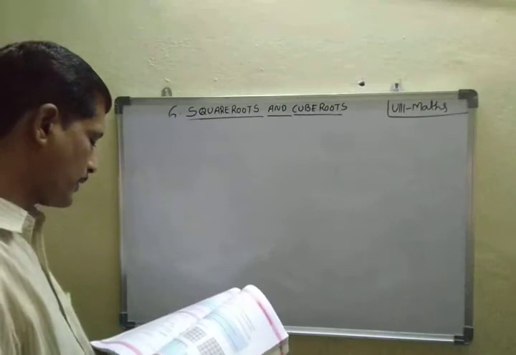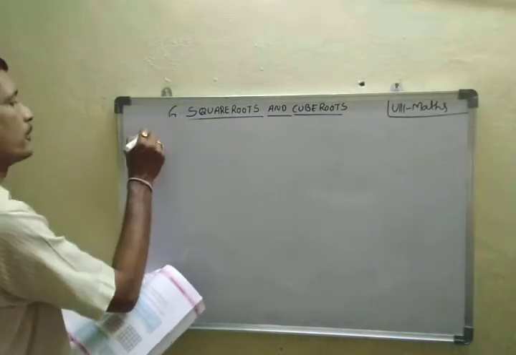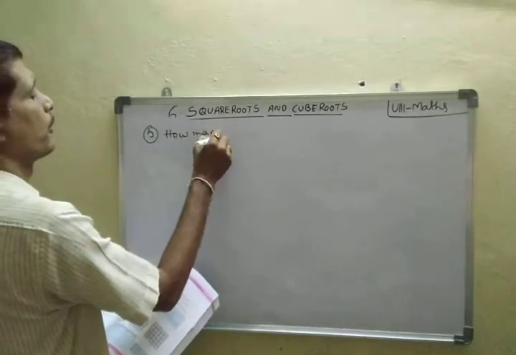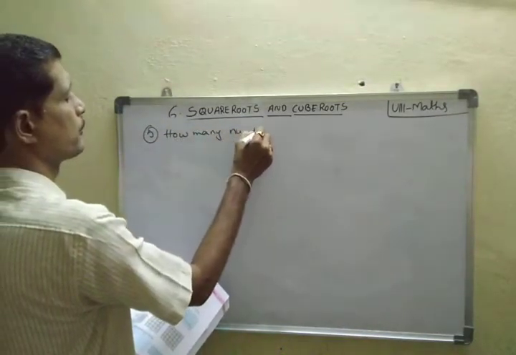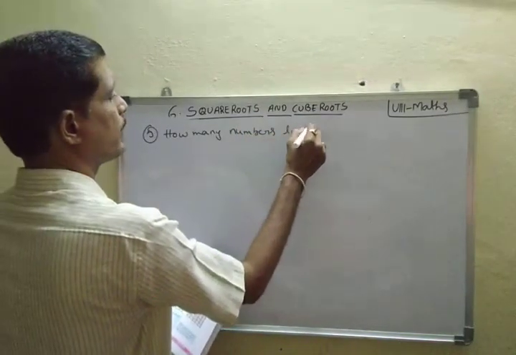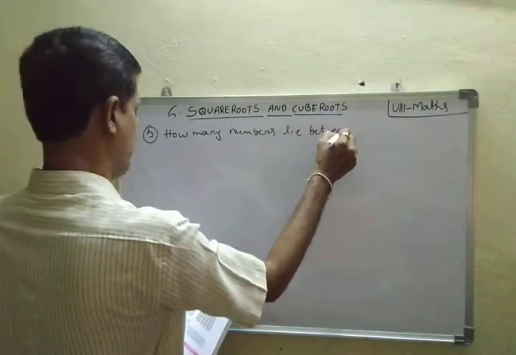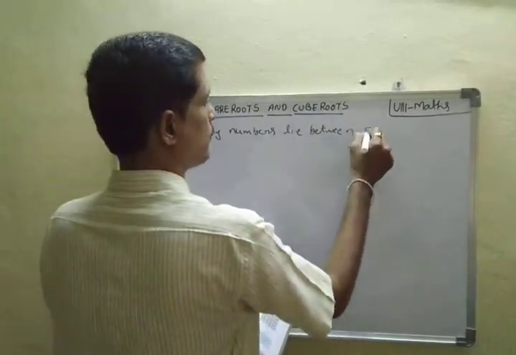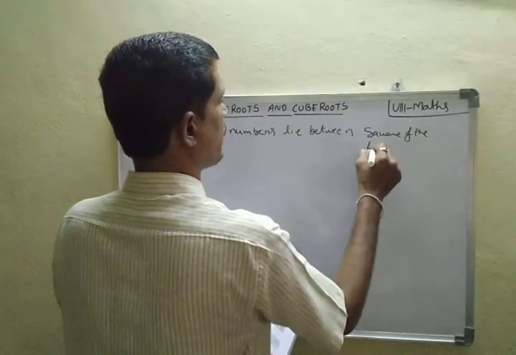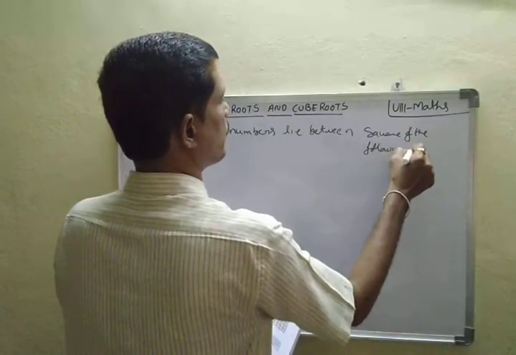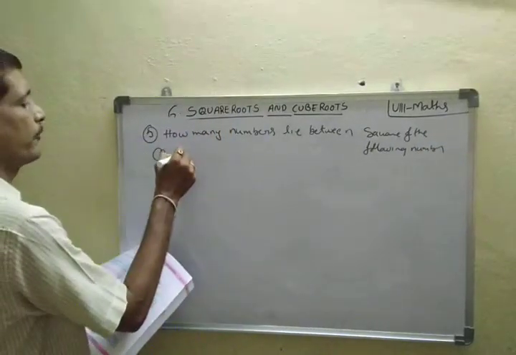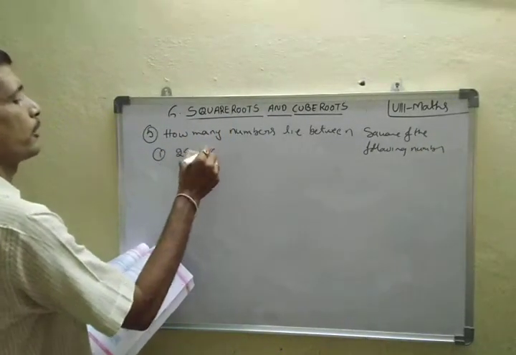Here, how many numbers lie between the squares of the following numbers? The first one is 25 and 26.